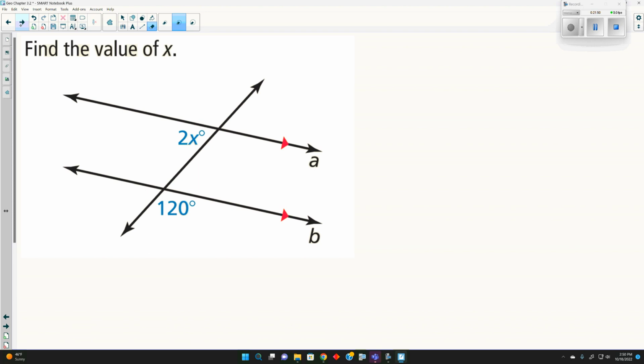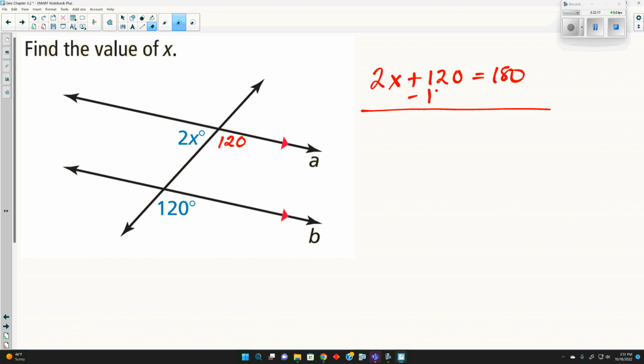And those three are congruent, yes? So if they're not congruent, they have to be equal to 180. The 2x and 120 do add together to be 180, and we can solve.